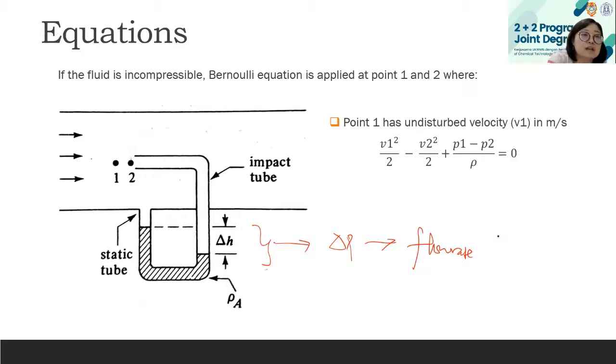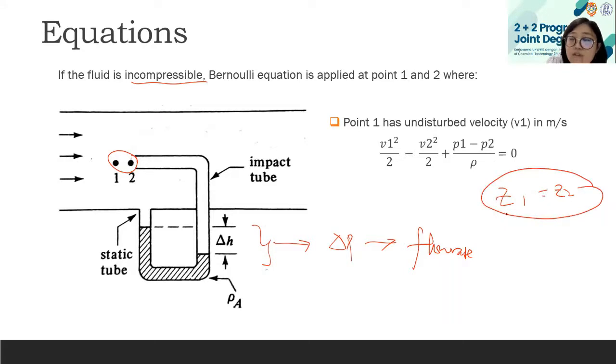Now, if the fluid is incompressible or a liquid, the Bernoulli equation can be applied at point 1 and point 2. And since point 1 and point 2 are on a horizontal line, there is no Z, Z1 equals Z2, so I can scratch this off from the equation.